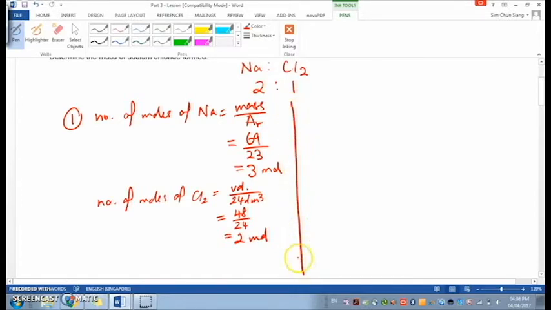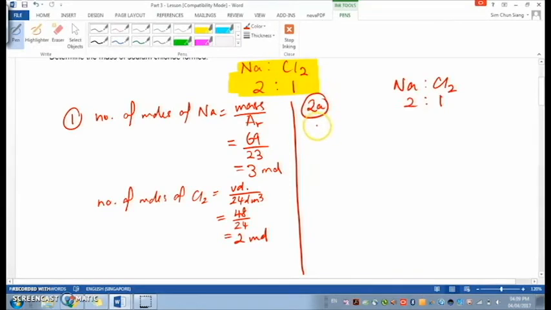However, because we are dealing with limiting reactant, we need to break this up. We will have a step 2A and a step 2B. So for step 2A, I need to find out which is the limiting reactant. To do that, let's consider the mole ratio between the 2 reactants again, which is sodium to chlorine, 2:1.